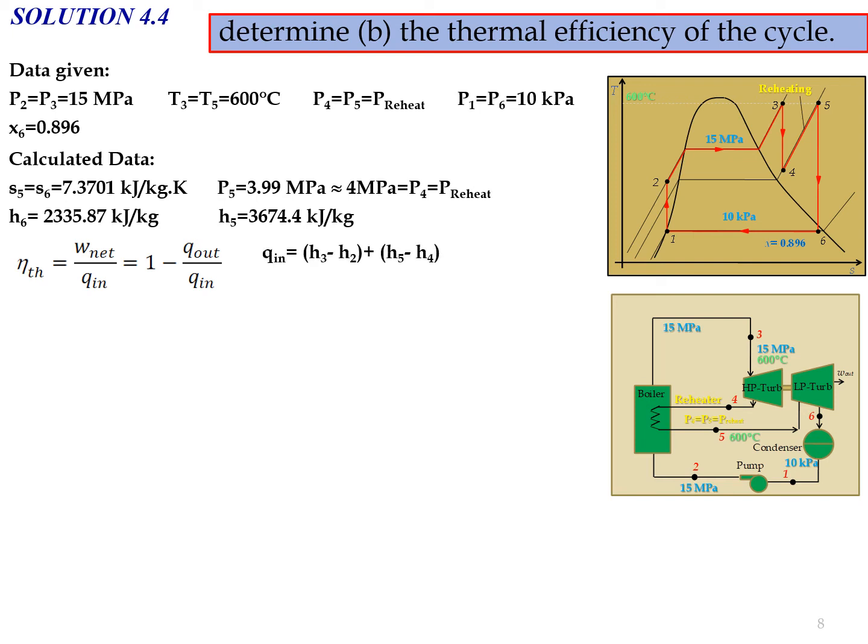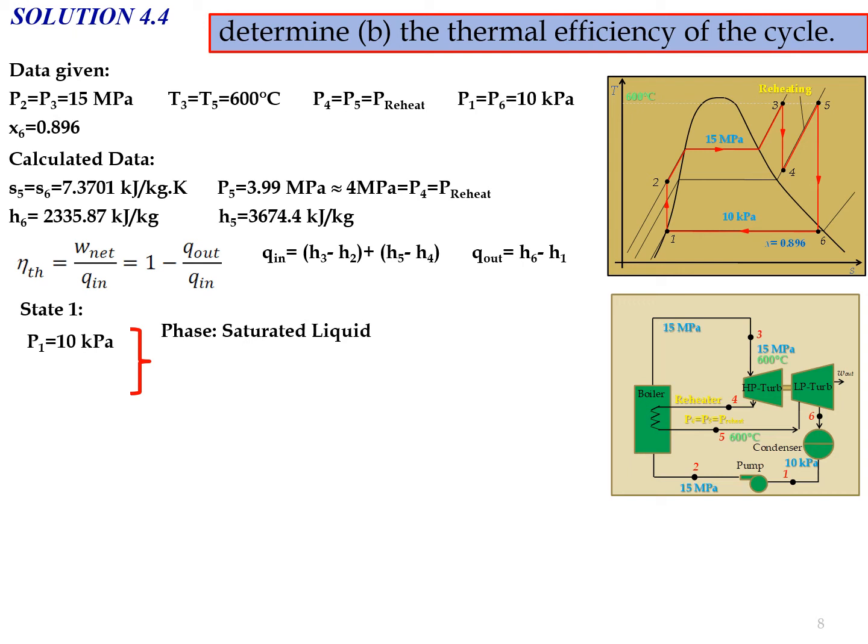Q in is equal to H3 minus H2 plus H5 minus H4, and Q out is equal to H6 minus H1. From state 1, we know that the pressure is 10 kilopascal, and it is exactly on the saturated liquid line.